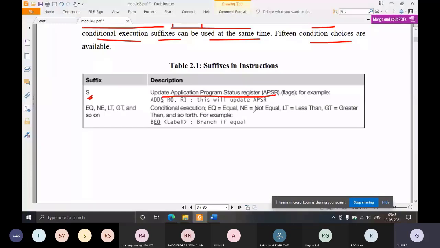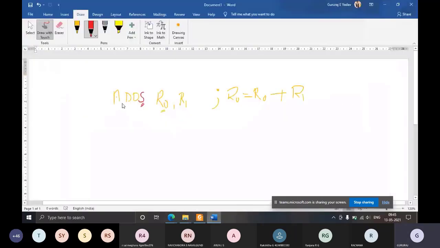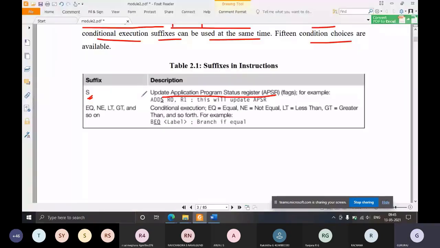So if you want to update the APSR after completion of ADD R0, R1, if you want to update the flags, then you have to include the suffix S. If you don't include this suffix and just write ADD R0, R1, then the APSR or the flags will not be updated after the completion of this instruction. That is the use of the suffix.